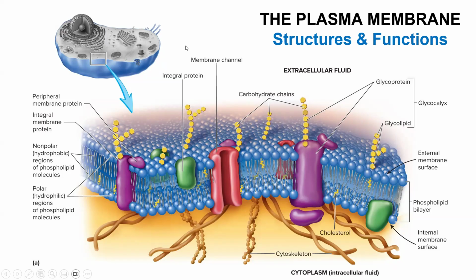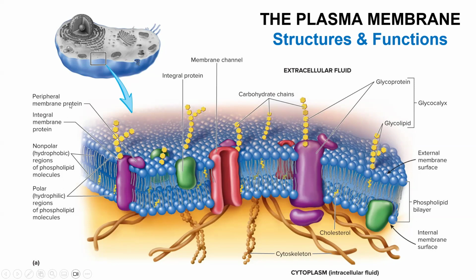A couple other things to point out here. We have two different types of membrane proteins. And so I'm looking right here. You can see this purple one that's labeled an integral protein goes all the way through the membrane. So part of the protein comes out of the external environment, part of the protein reaches all the way to the internal environment.